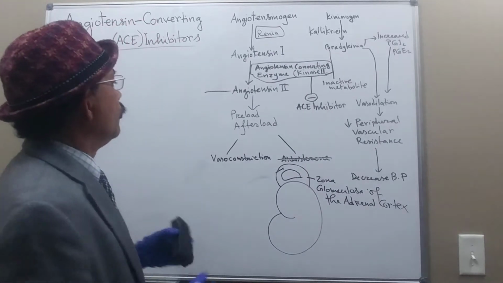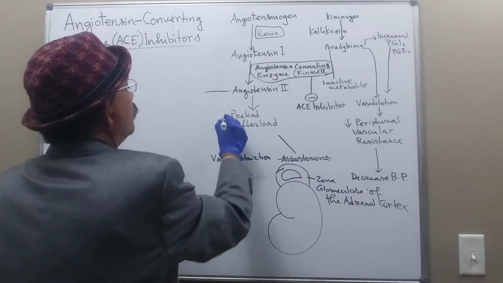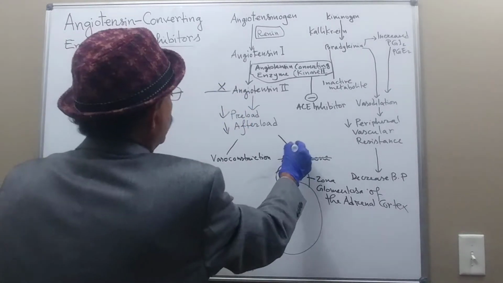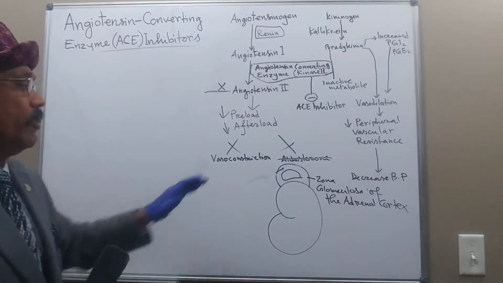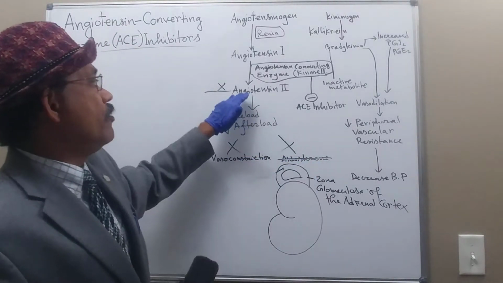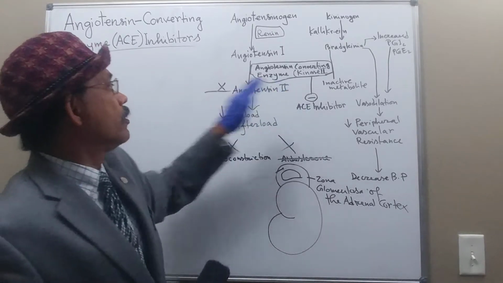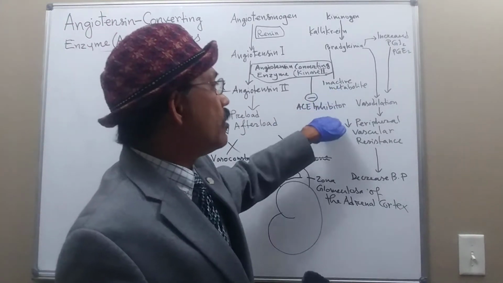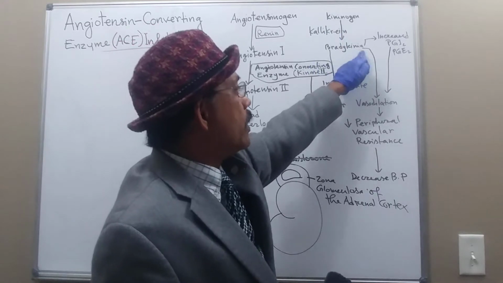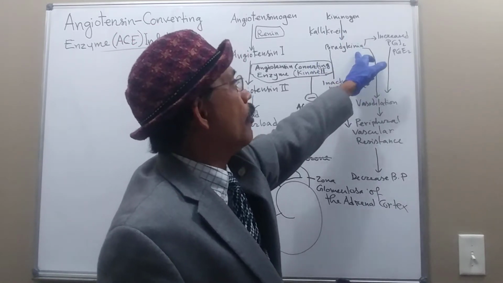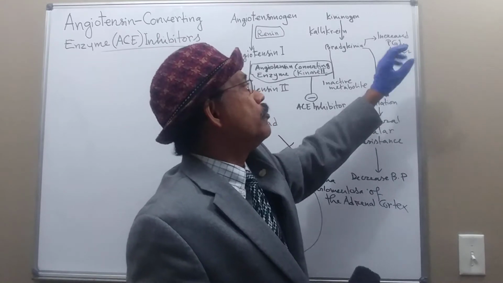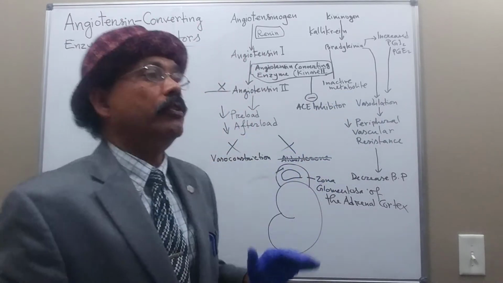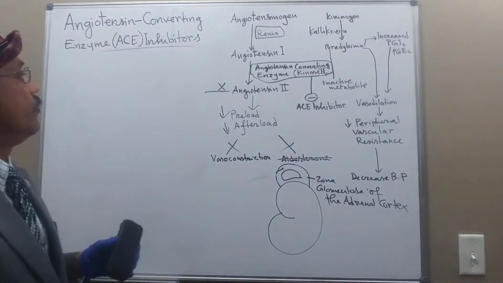So we have decreased afterload and decreased preload, because we have cut it here and we have cut it here. So no vasoconstriction, no aldosterone, no angiotensin 2 because of the ACE inhibitor. So there will be a decrease in blood pressure and no inactivation of bradykinin. Bradykinin itself will cause vasodilation. Bradykinin is also converted into PGI2, PGE2, plus nitric oxide partly, causing vasodilation and decrease in BP. So this is the mode of action of the ACE inhibitor.